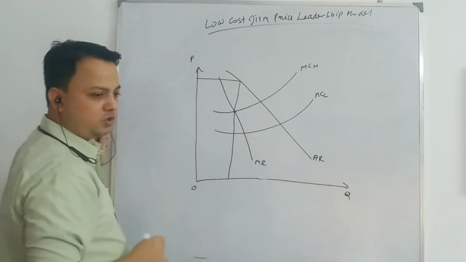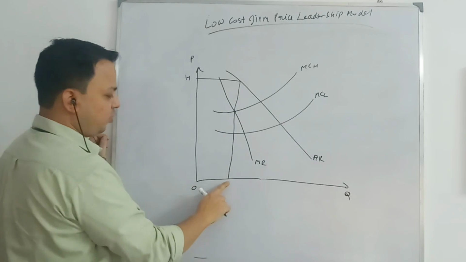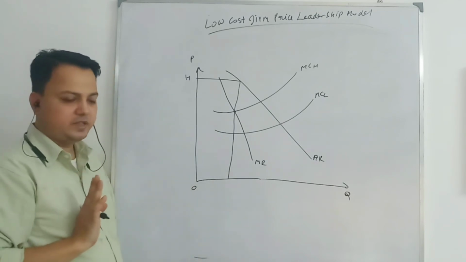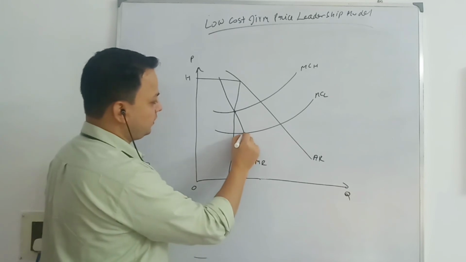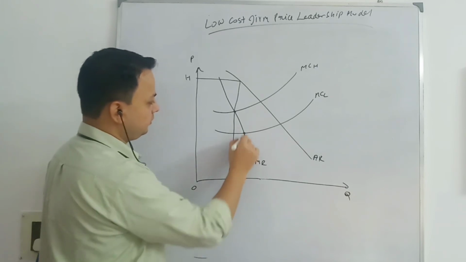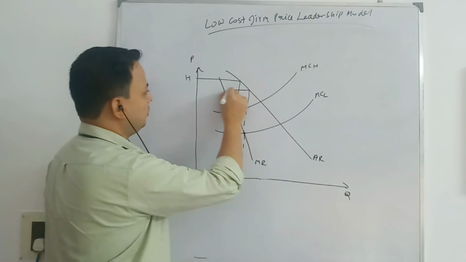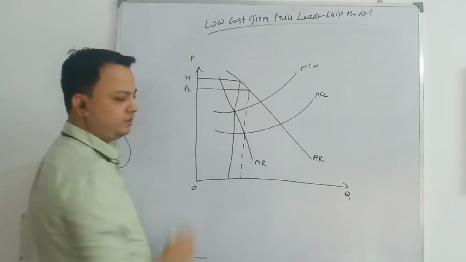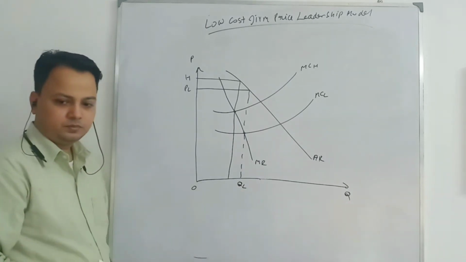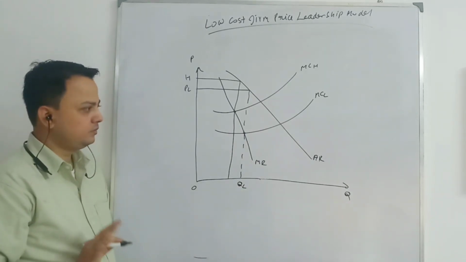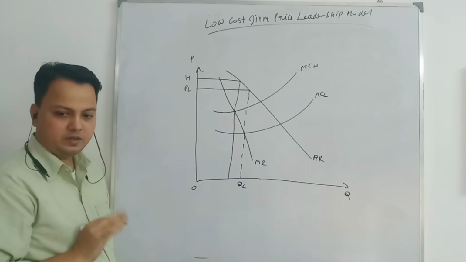If the high cost firm is charging this price and producing this output, then it is maximizing profit. What is the profit maximization condition of the no cost firm? MR equal to MC. The no cost firm will be charging PN price and producing QN units of output. Till now, is it clear what I have done?